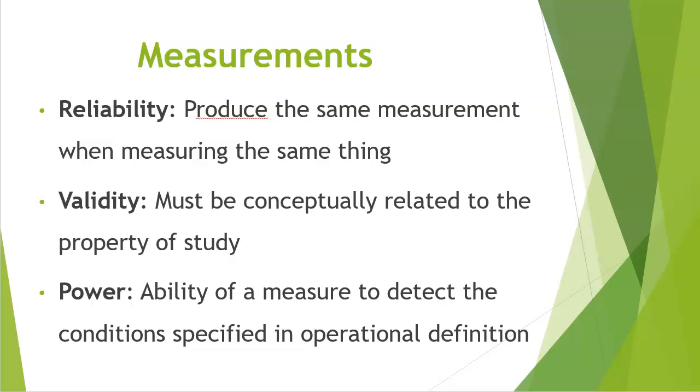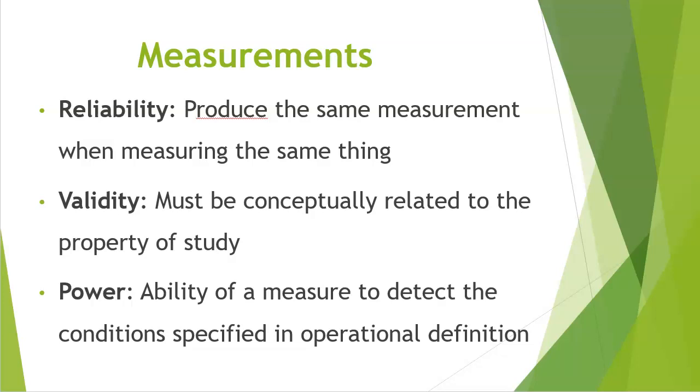So validity means that it must be conceptually related to the study. So high validity would be, say, you measure the number of smiles someone has in order to relate to happiness, right? So when someone's happy, they tend to smile more, and so that's a high validity.